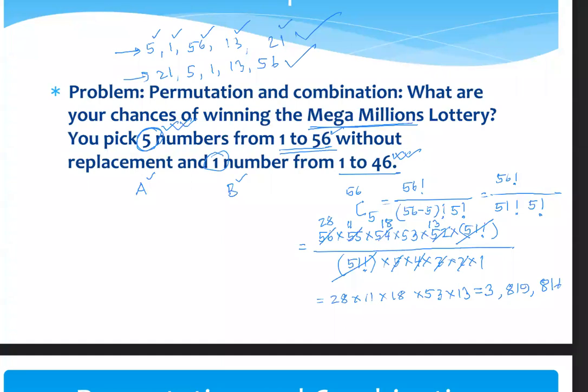So the number of ways event A can happen is 3,819,816.